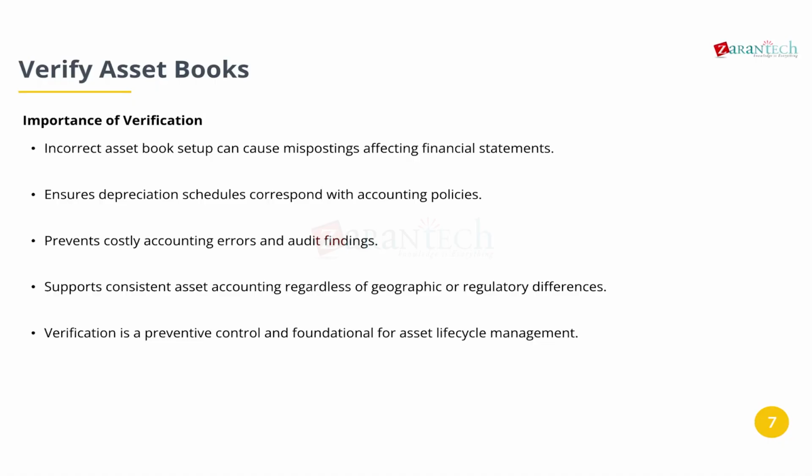It supports consistent asset accounting regardless of geography or regulatory differences, because we can define the asset book as per the norms and fetch the reporting accordingly. It also acts as a preventive control because we are checking whether the reporting is correct as per the norms.